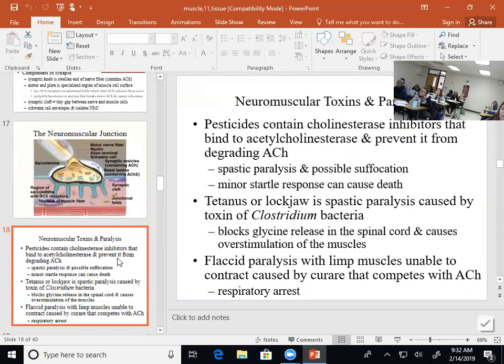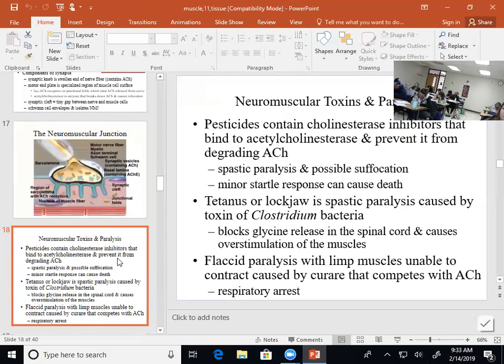So that can lead to what's called spastic paralysis, which means a contraction, but spastic. Sometimes paralysis is flaccid, but sometimes it's spastic. So certain pesticides, certain toxins, toxins that some bacteria produce, can cause spastic paralysis. This would not be a good thing because it can lead to suffocation. Do we have to have muscles for inspiration, for breathing in? Yes. So if these are not functioning as they should, then it can actually lead to suffocation.